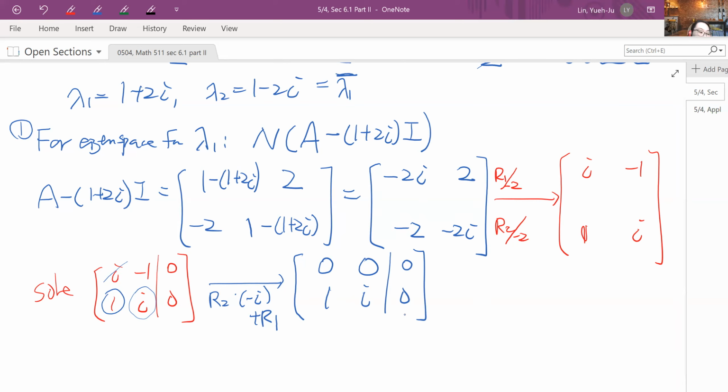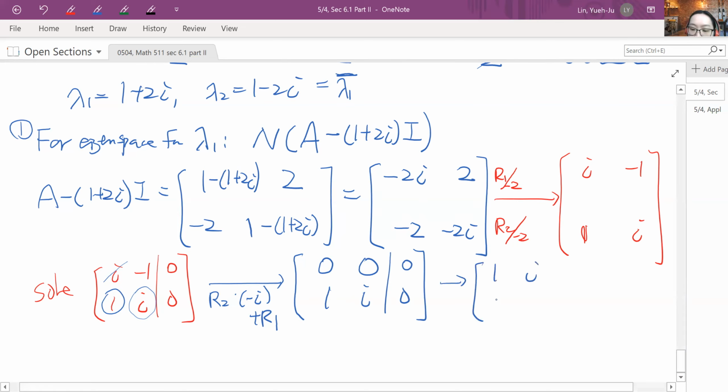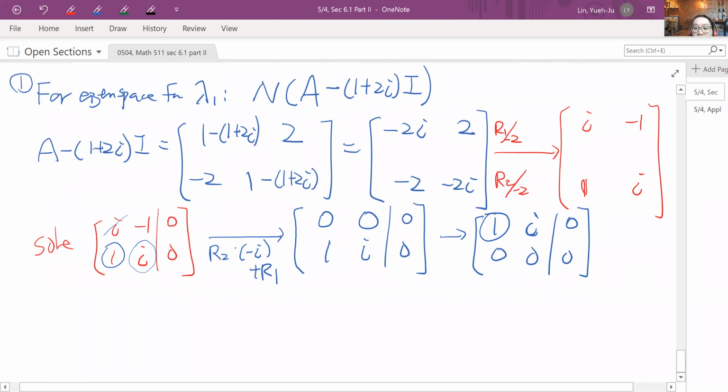This is okay in this case because we have a complex eigenvalue. Now I'm just going to swap the rows. So I have 1, i, 0, 0. Now I can really solve for the solution. x2 will be alpha. x1 plus i times x2 equals 0.